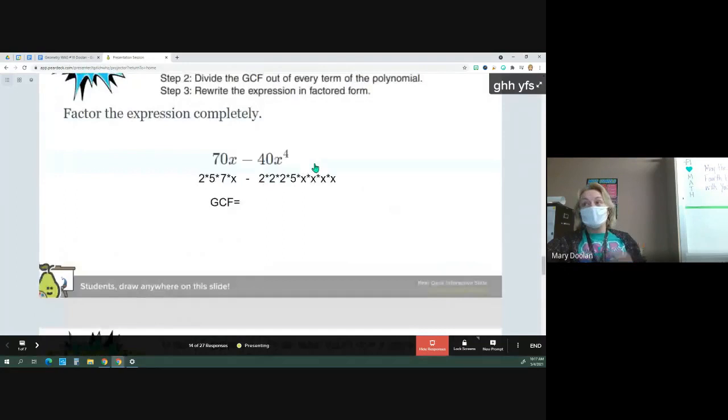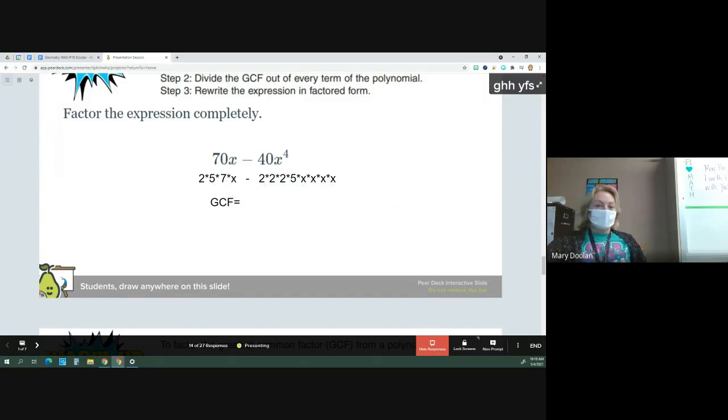So your greatest common factor is not just a common factor, but the greatest common factor you can get to. So, you know, if you write out the factorization of each term, 70x is 2 times 5 times 7 times x. And then if you write out 40x to the fourth, 2 times 2 times 2 times 5 times x times x times x times x.